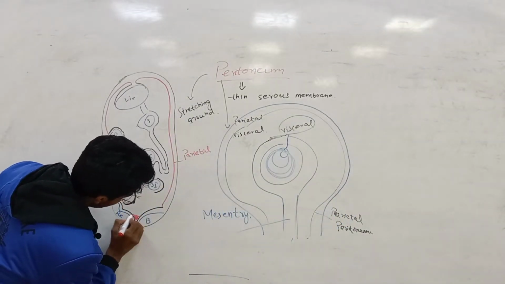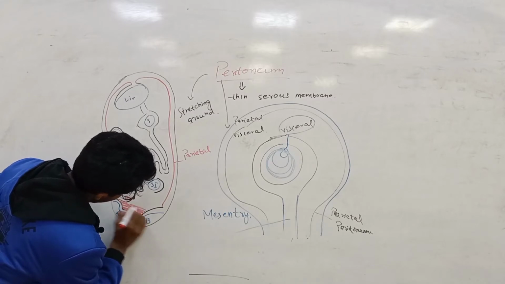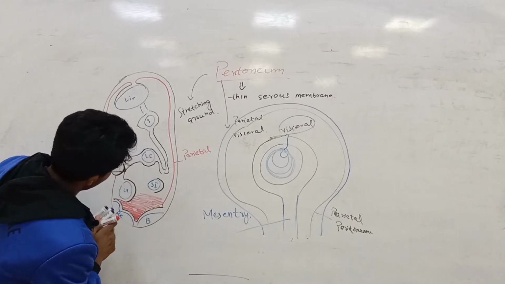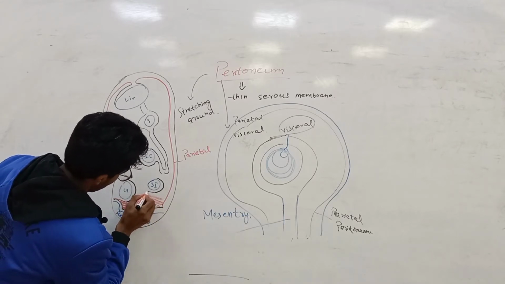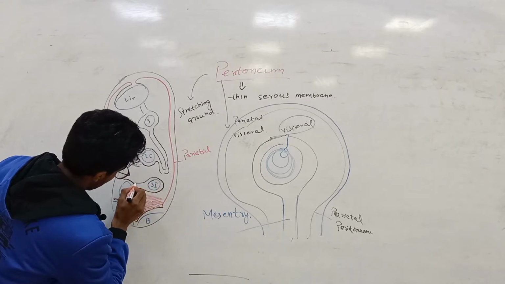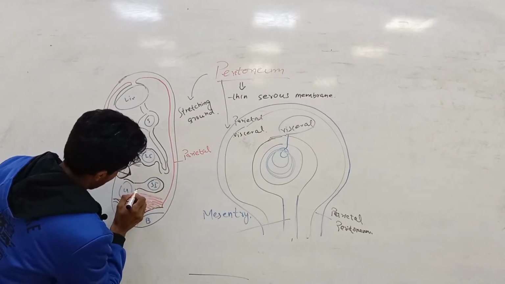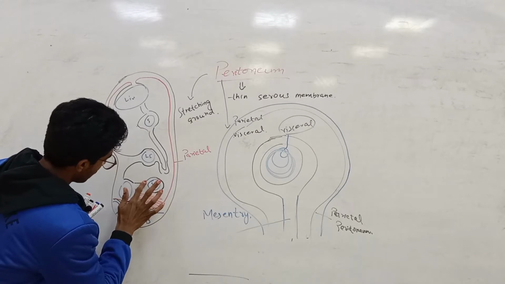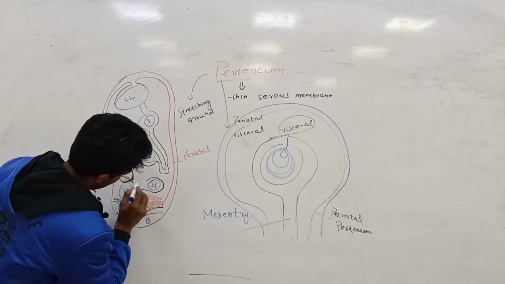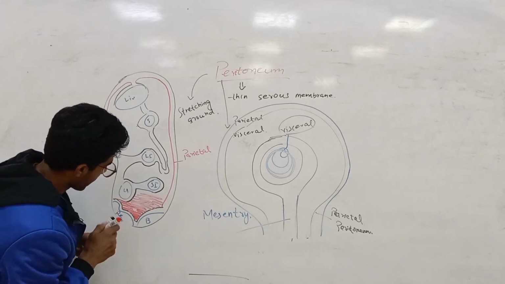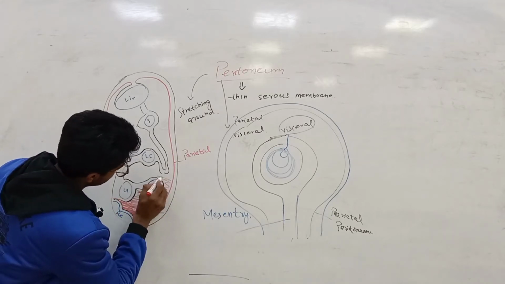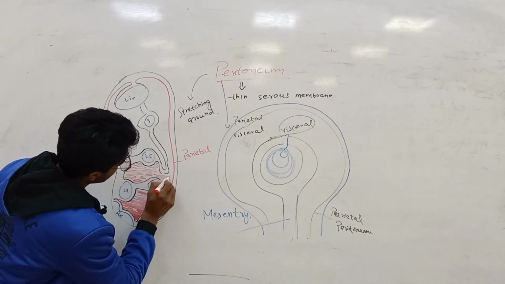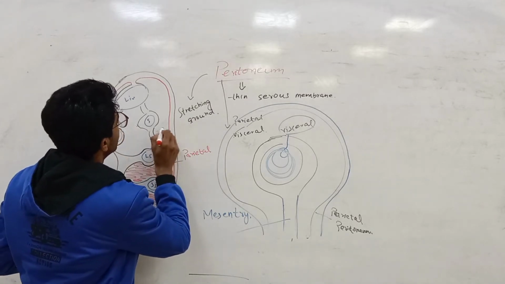Our greater sac is connected with the small intestine, with the large intestine, and covers the organs.